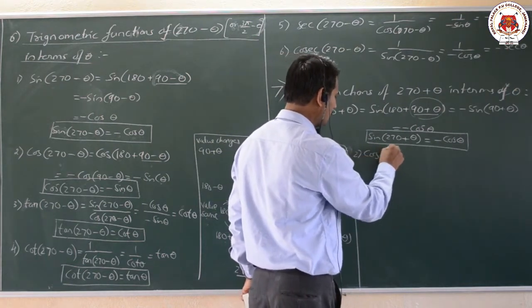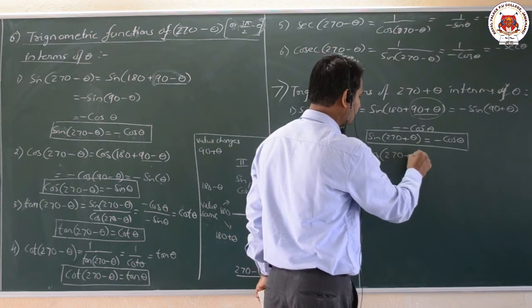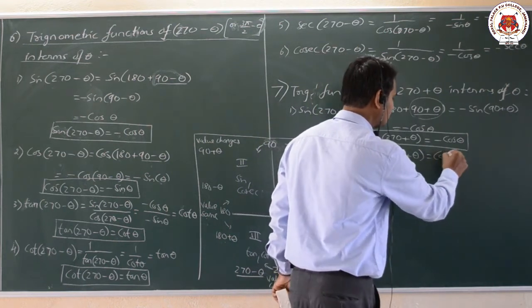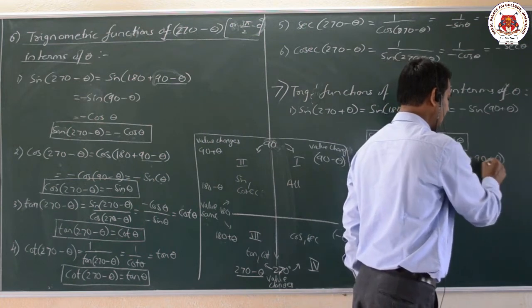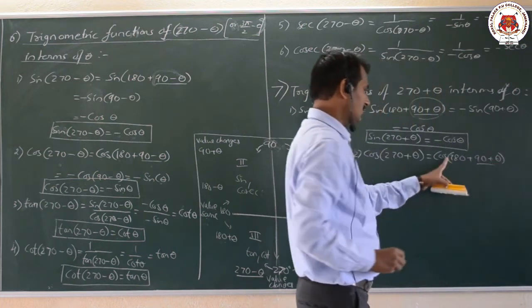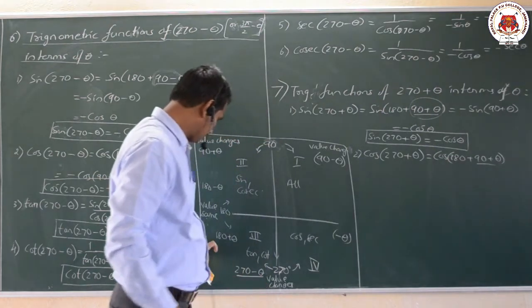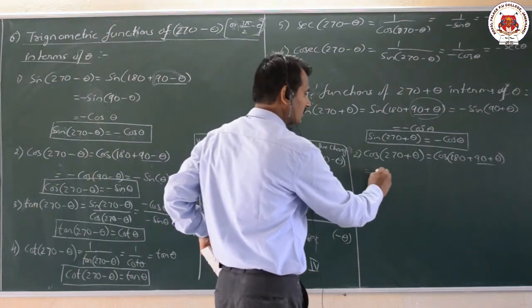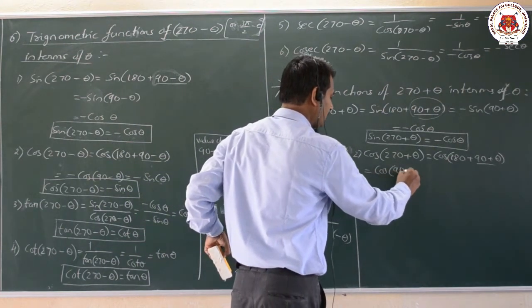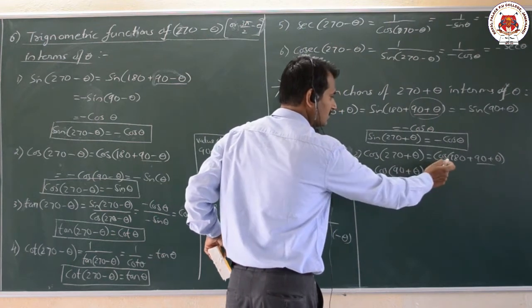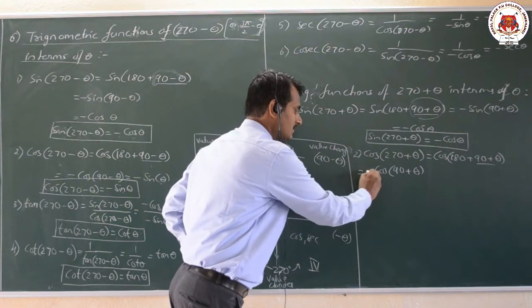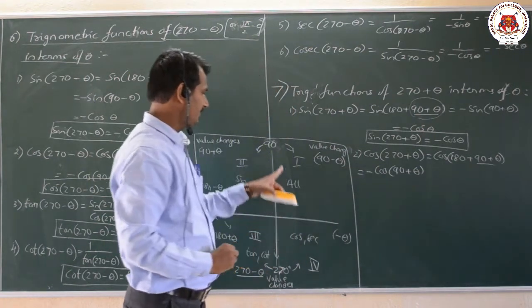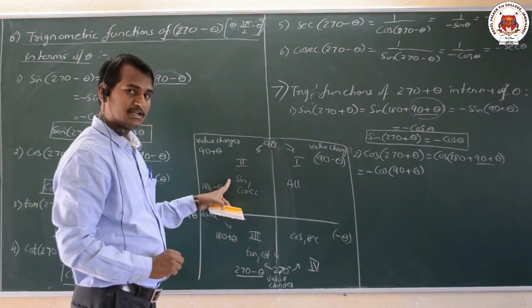Then the second one here is cos of 270 plus theta. Again same as before, cos of 180 plus 90 plus theta. Cos of 180 plus theta, the value remains same, cos becomes cos only, cos of 90 plus theta. What about the sign? Cos is negative here, which is equal to minus cos of 90 plus theta. 90 plus theta comes in the second quadrant.